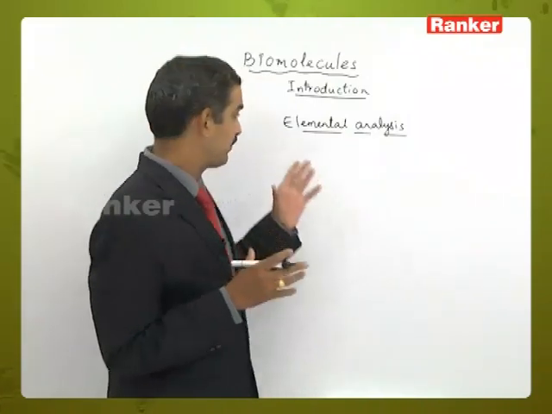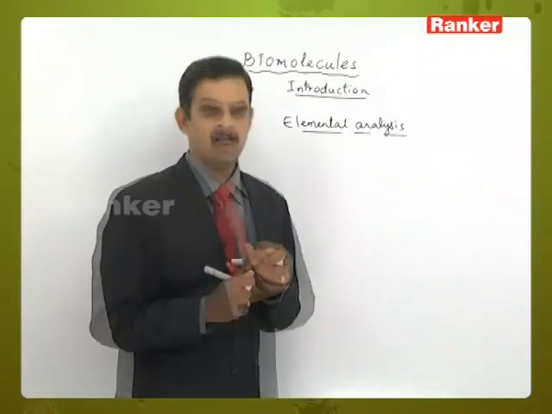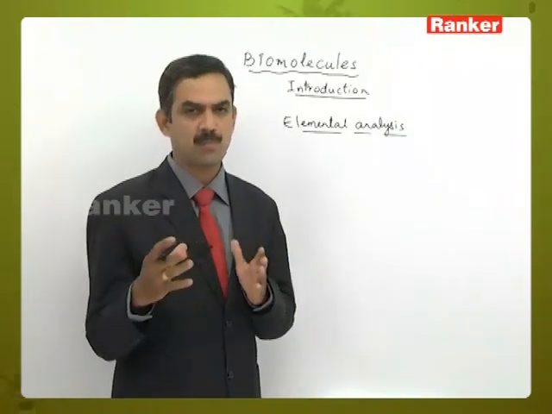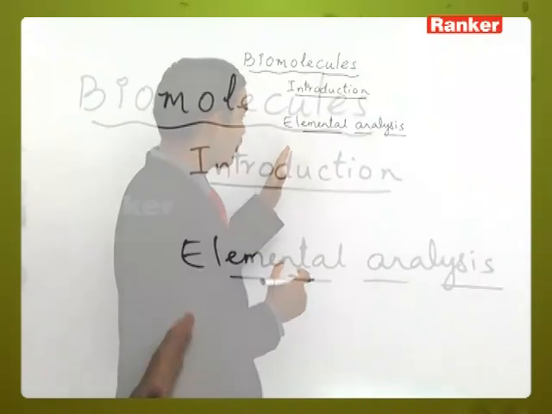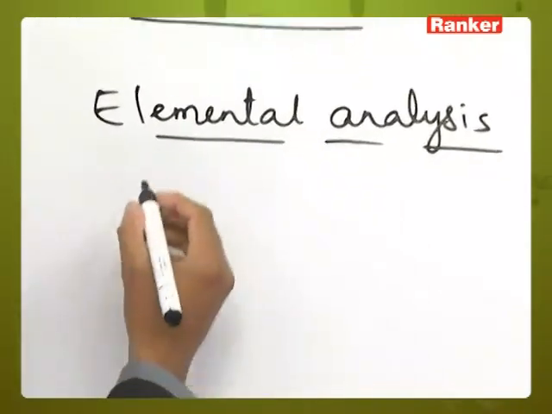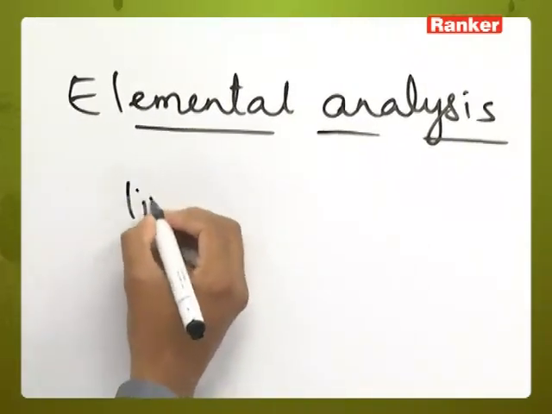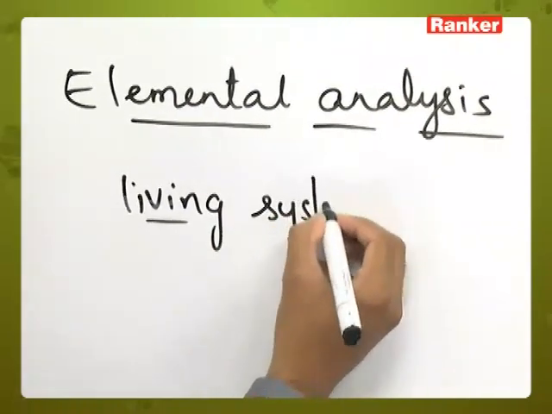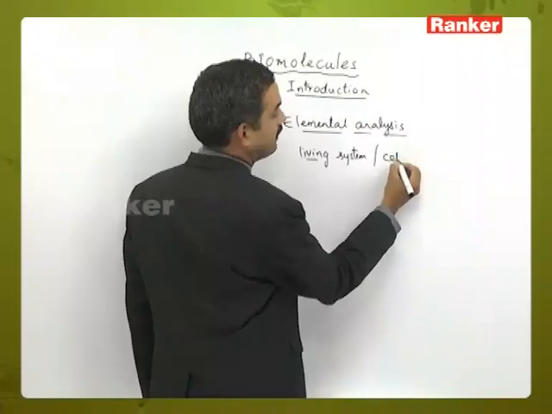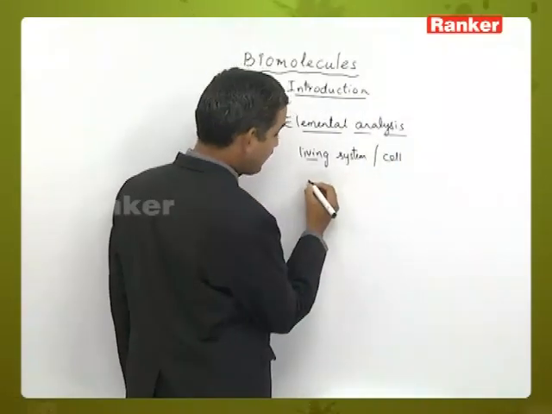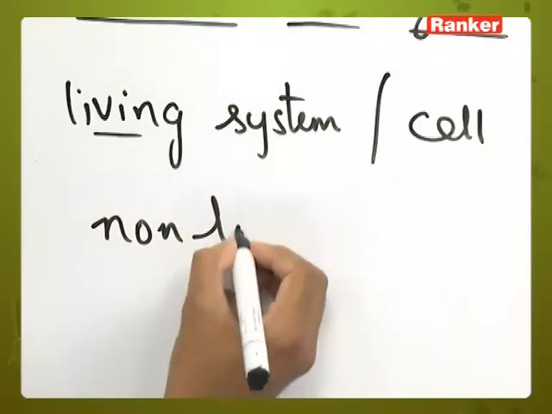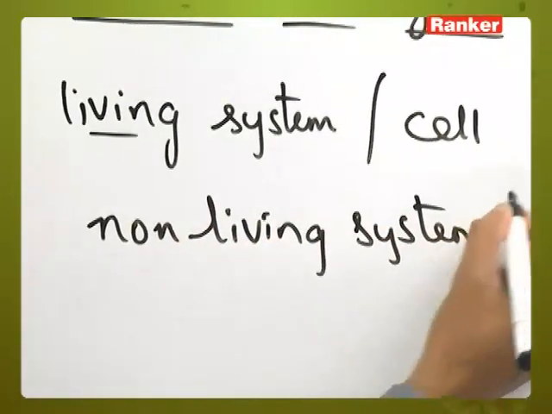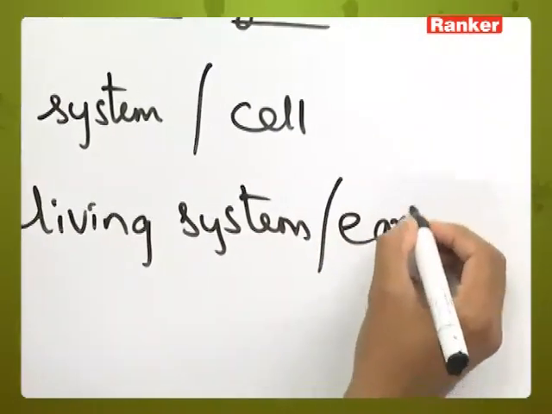So that is knowing about the various types of elements which are present in a cell. In this process we know about the elements, but what are the elements present in a living system or a living cell, and what are the elements present in a non-living system? Let's take the example of the earth crust.